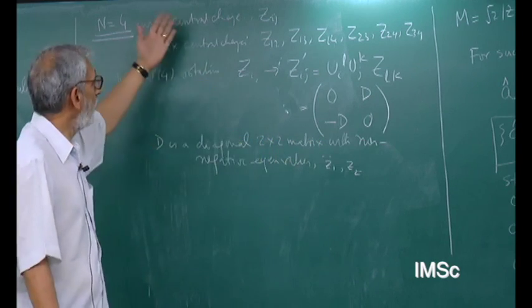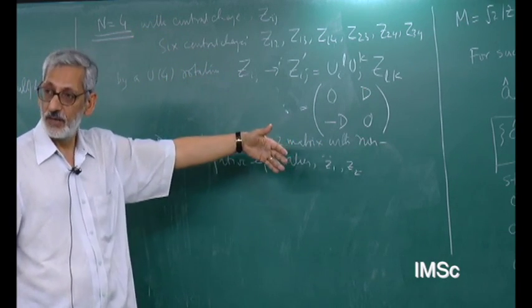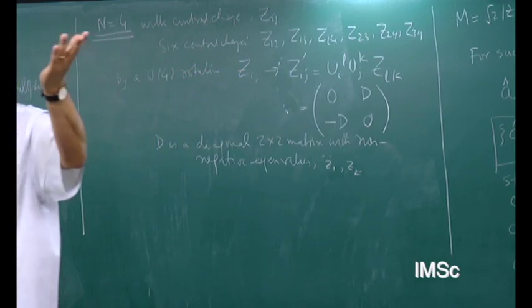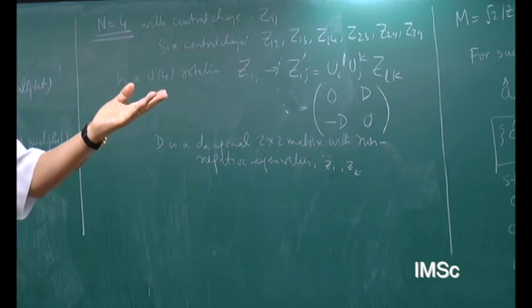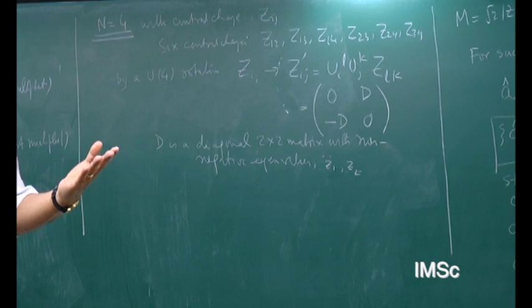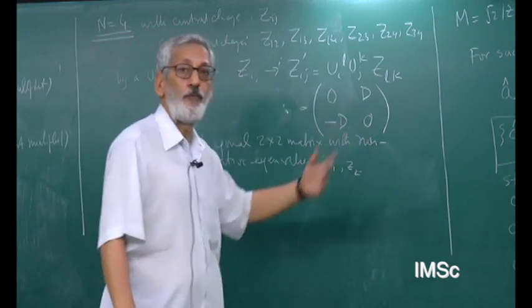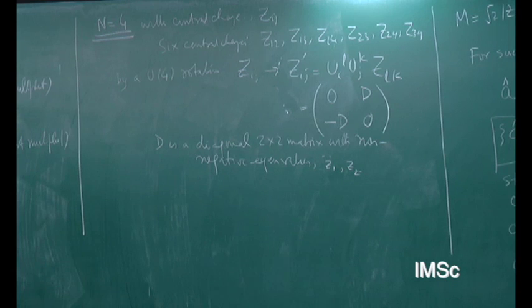So, if I take the N equal to 4 supersymmetric algebra and do a U4 rotation on it, the Q's will also change accordingly. I will have a new algebra for Q primes, for which the central charges will have this form. So, though I started with 6 complex charges, really there are only 2 real central charges in this theory.